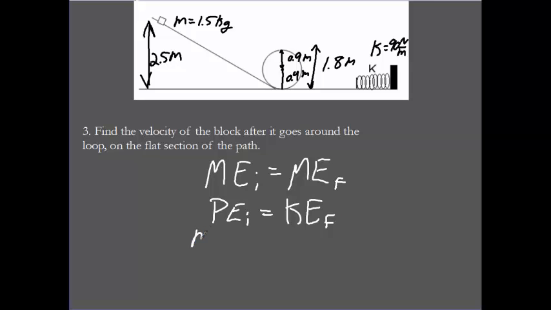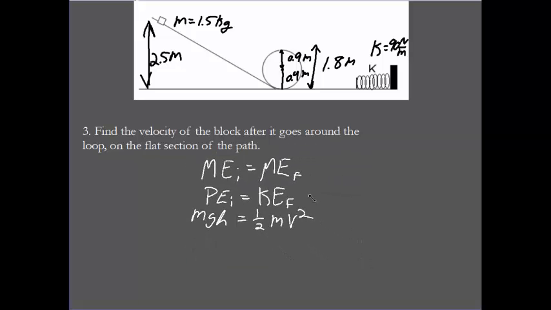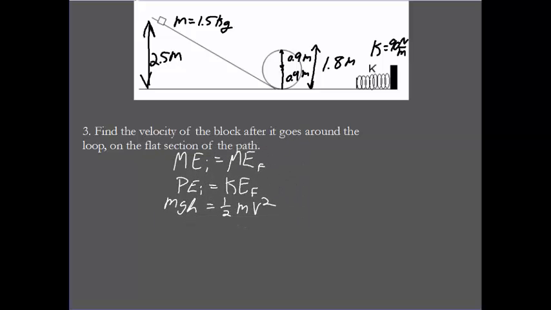Expand the formulas. Mass times gravity times height equals 1/2 mass times velocity squared. And I plug in. I know I'm going to run out of room, so let's shrink it a little bit. 1.5 kilograms times 9.8 meters per second squared times 2.5 meters is going to be equal to 1/2 times 1.5 kilograms times velocity squared, what I'm looking for.